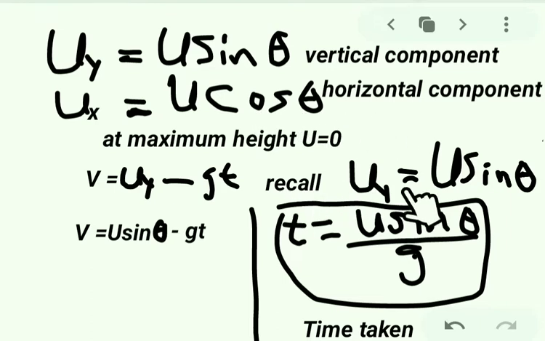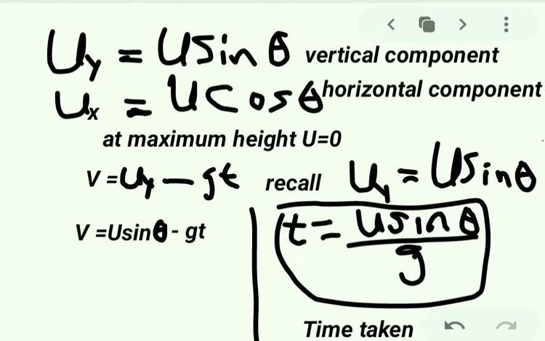Now you can obtain this equation, which is the time taken, from the equations of motion. Since you know v is equal to u plus or minus gt, anywhere you see u, since we are dealing with the vertical component that acts against gravity, we need to use u sine theta.